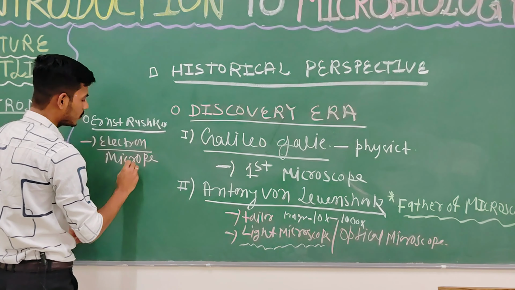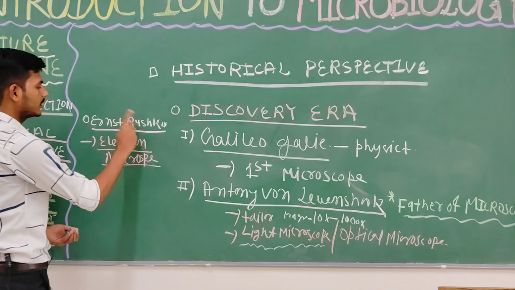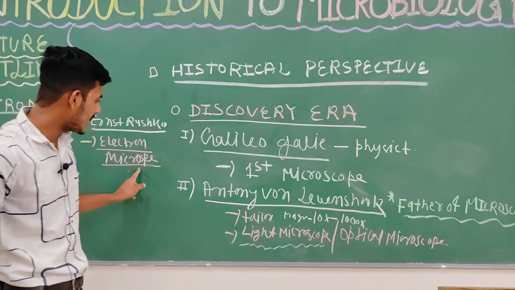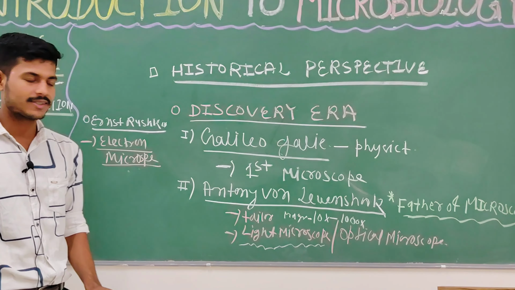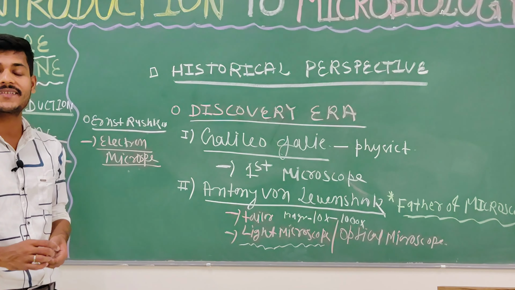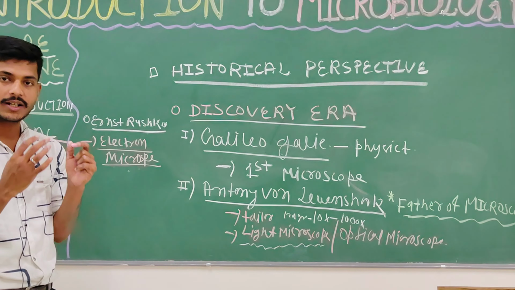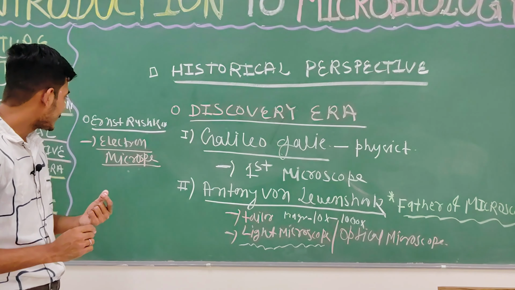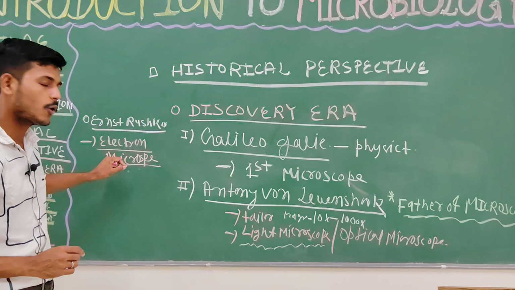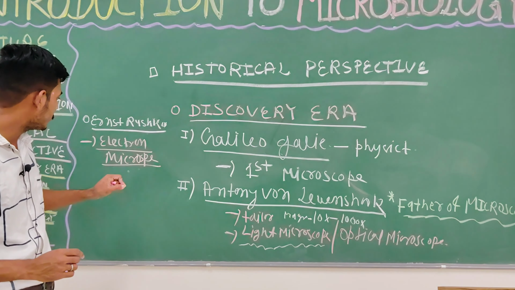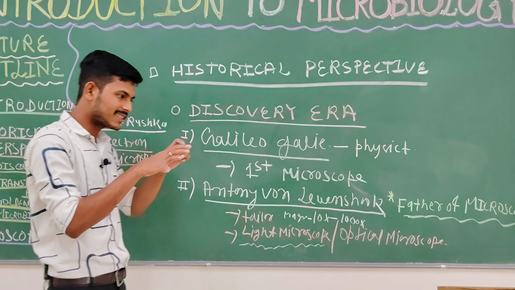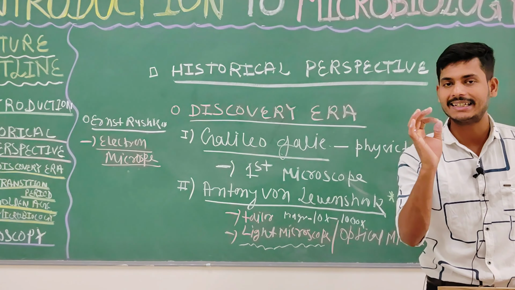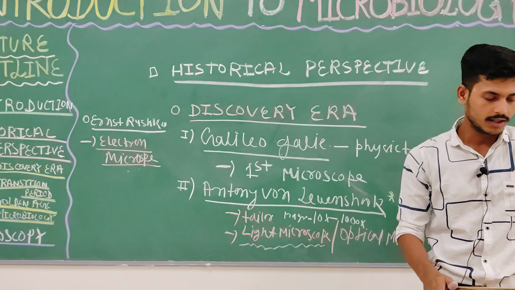The difference between the electron microscope and the light microscope is that the electron microscope generates 3D images. You can visualize the organism in three dimensions. The second thing is that through the electron beam, you can see the microbial structure or human cell structure in a clear-cut, very precise way. Got the point?